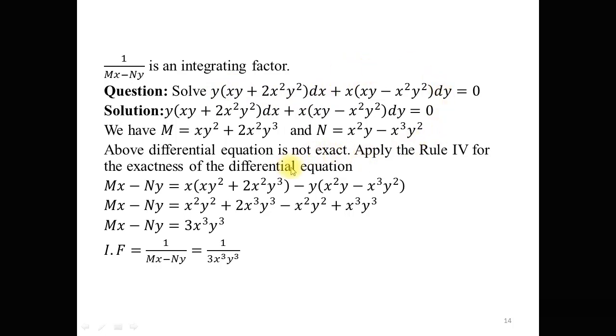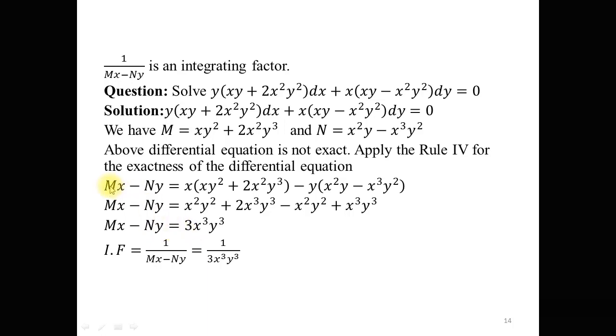Now we can use rule number first to find the integrating factor, provided Mx minus Ny does not equal 0. You see in this problem that Mx minus Ny is equal to 3x cube y cube, which is not equal to 0.